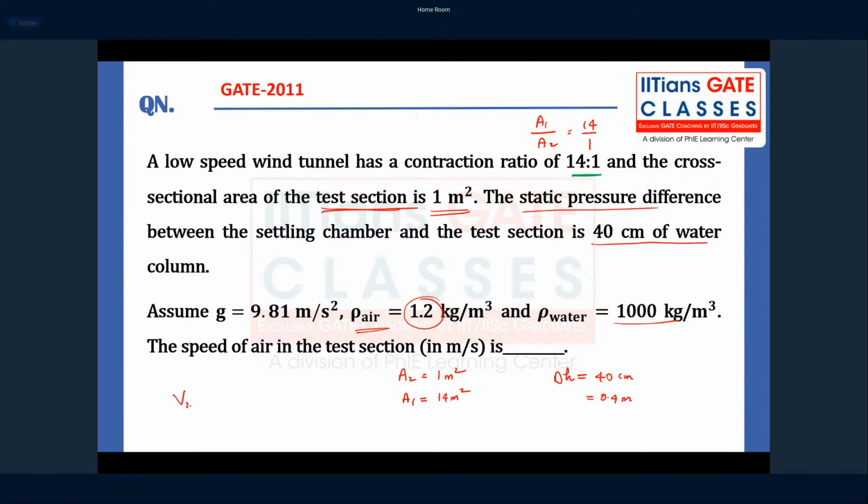V2 is equal to root of 2 times (P1 minus P2) by rho times (1 minus (A2 by A1) square). P1 minus P2 can be written as rho g delta H. So what is the answer that you are getting?